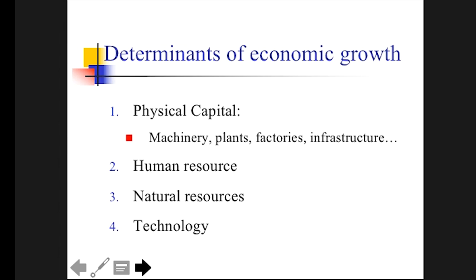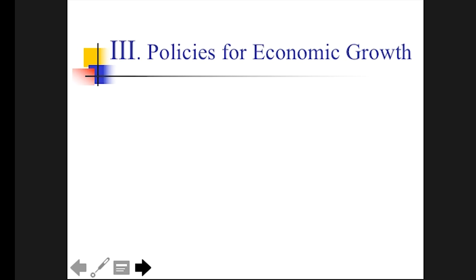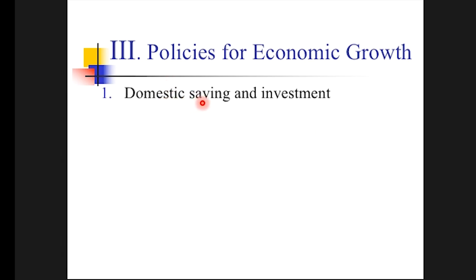So now, when we see that growth is very important and there are four determinants of growth, we can, based on the determinants, suggest some policies for economic growth. The first policy would be domestic saving and investment.